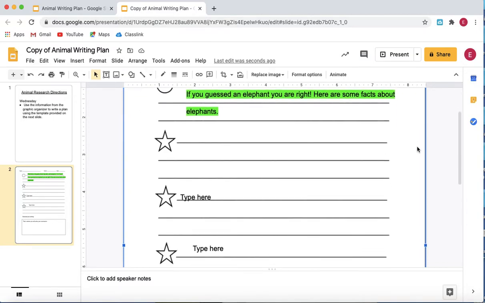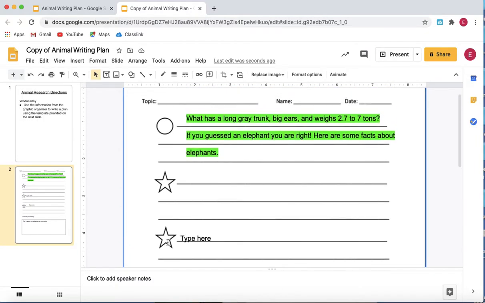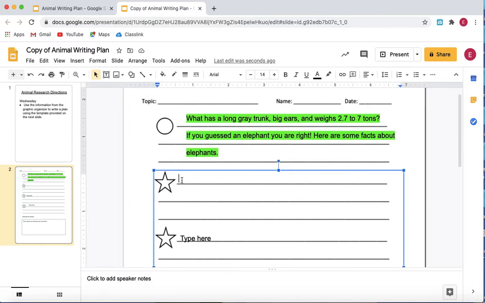Okay, so now I'm going to look at my 3 stars. Okay, so I already kind of talked about what elephants look like and how much they weigh. So I am going to go to what they eat. Okay, so right here I'm going to describe what they eat. So I always want to start with the transition word, so I'm going to just start with first. Pretty basic.